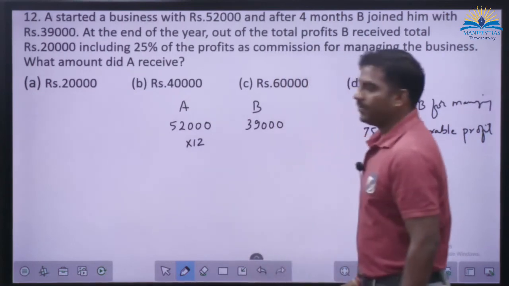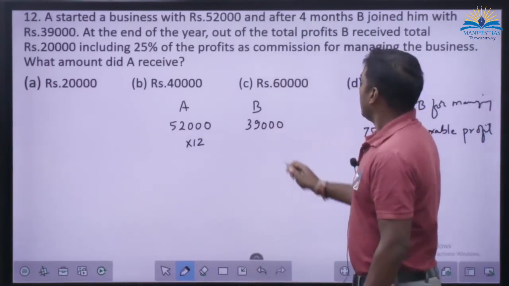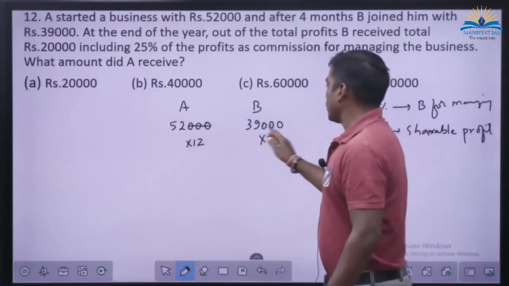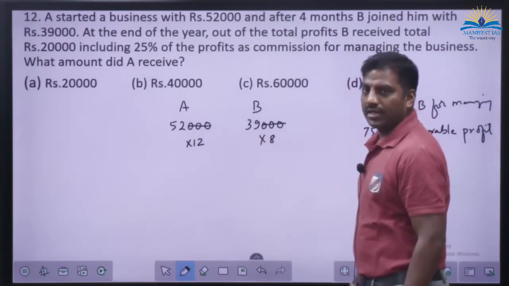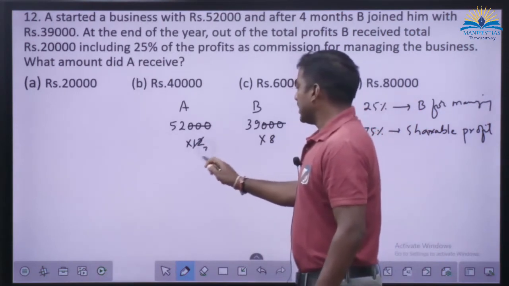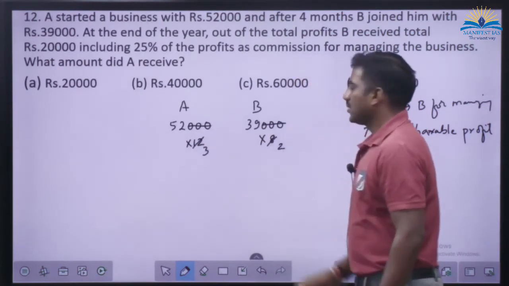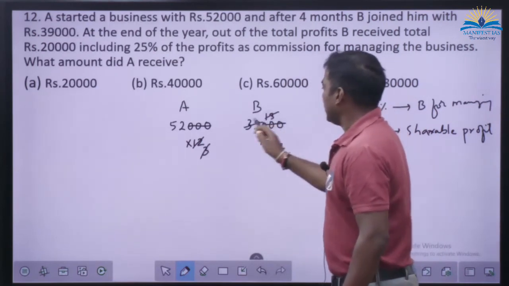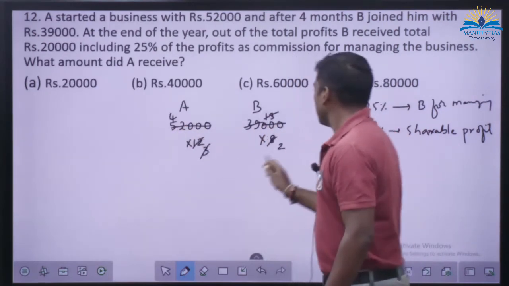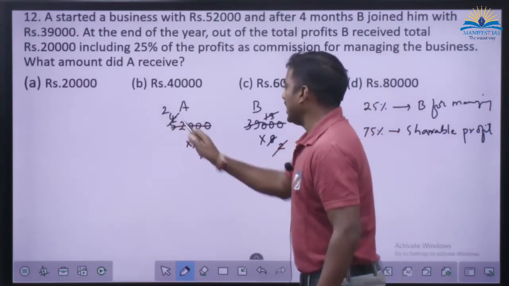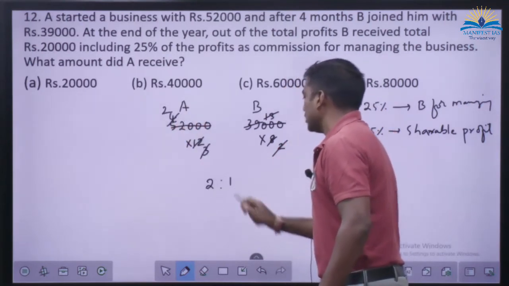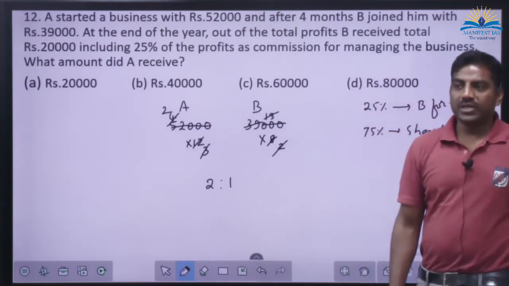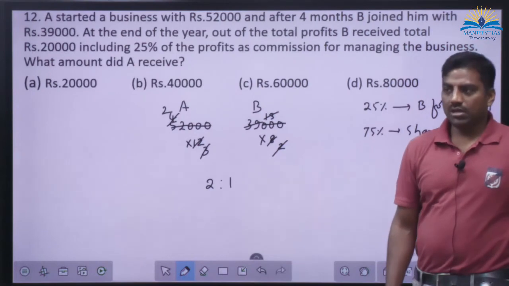B has invested for 8 months, because after 4 months. Here 000 get cancelled, fair? Then 4 3s are and 4 2s are. 3 1s are 3, 3 13s are 39, 13 1s are 13, 13 4s are 52, 2 1s are 2, 2 2s are 4. So finally it boils down to 2:1. So the ratio of profit has to be 2:1.